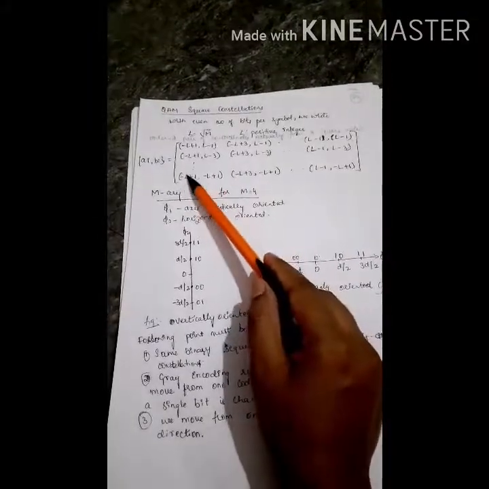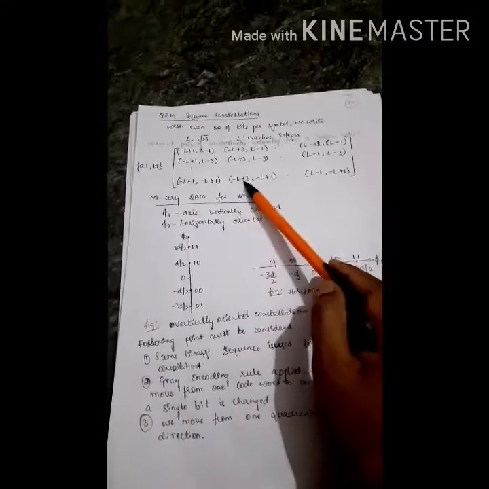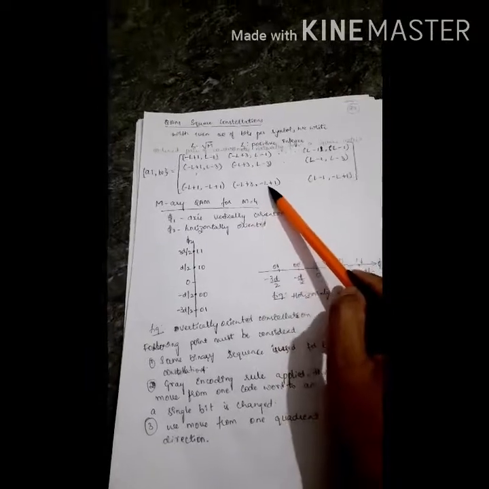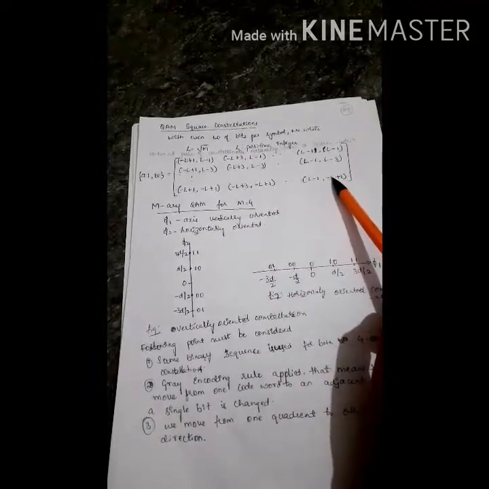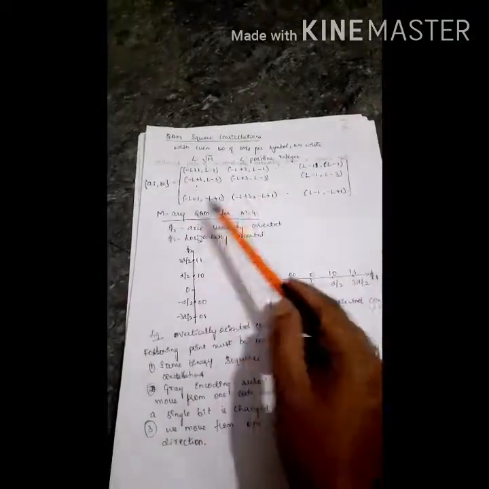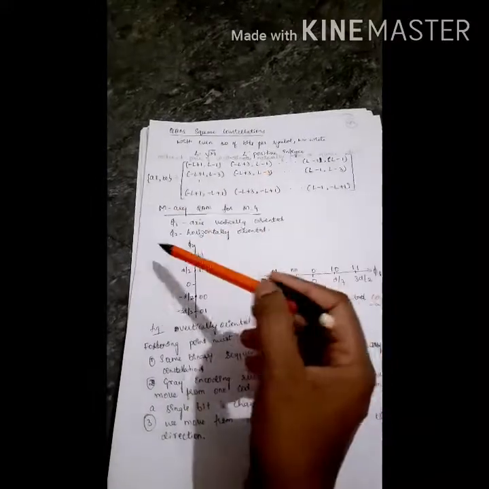And next is minus L plus 1 comma minus L plus 1, minus L plus 3 comma minus L plus 1, and so on up to L minus 1 comma minus L plus 1. This is the general form, where the ordered pairs of coordinates naturally form a square matrix.